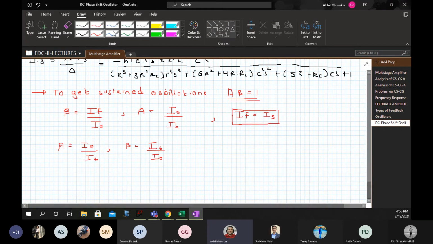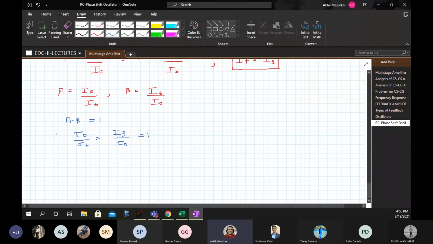And to get sustained oscillations, A into beta should be equal to 1, which means I naught upon IB into I3 upon I naught should be equal to 1. So I can cancel this. That means I3 upon IB should be equal to 1. So we already have I3 and we have IB also.